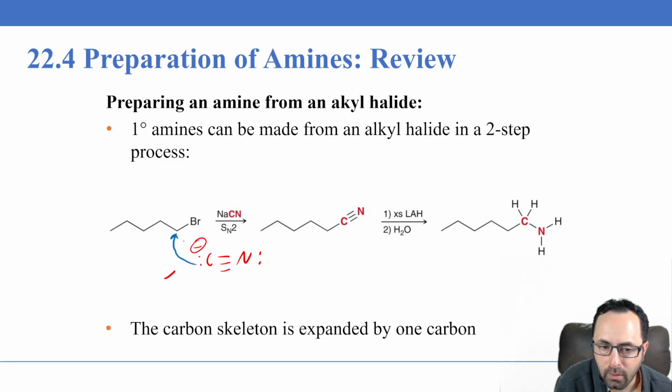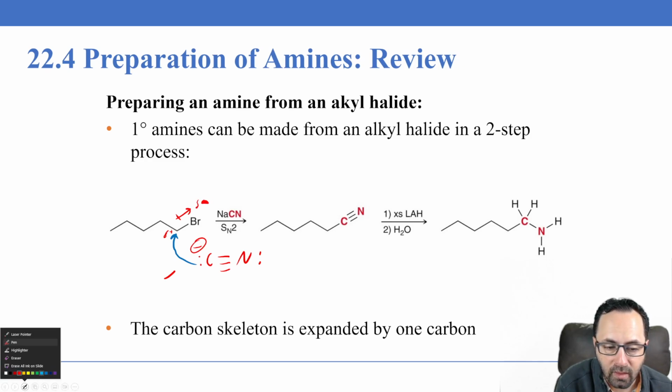That would involve the nucleophilic attack on this electrophilic carbon. And remember, this carbon is electrophilic due to this polar bond to the halogen atom, causing this to be partially positive, being the electrophile, and of course the bromine is partially negative here.